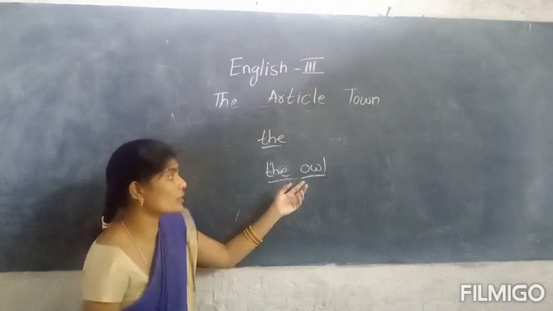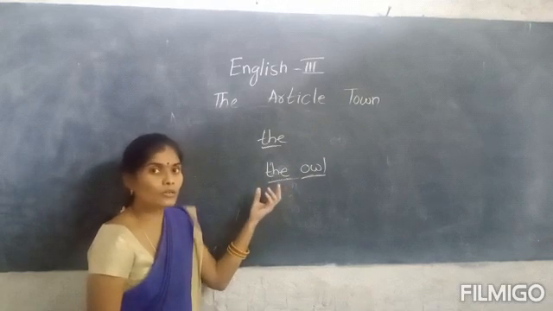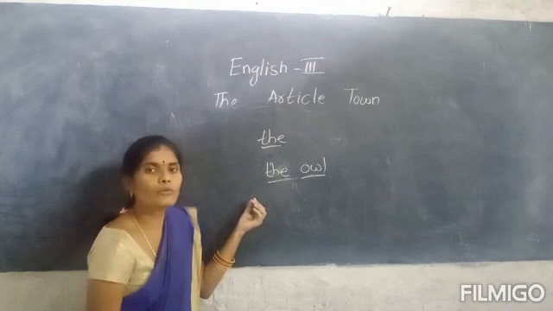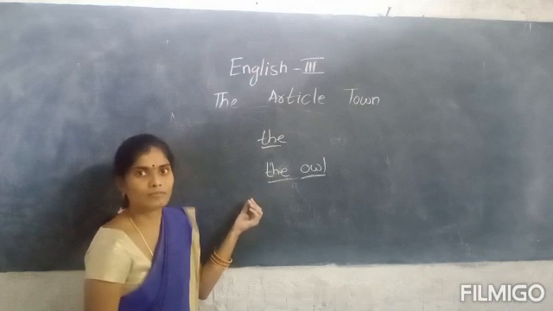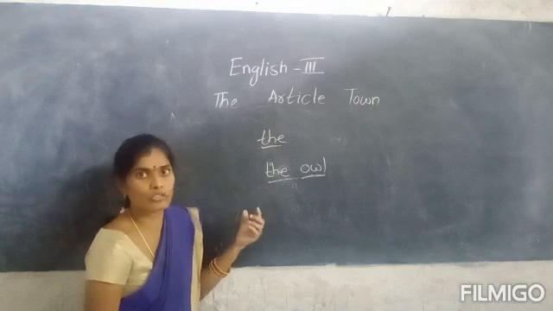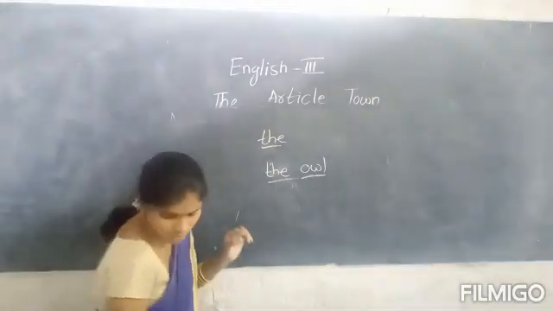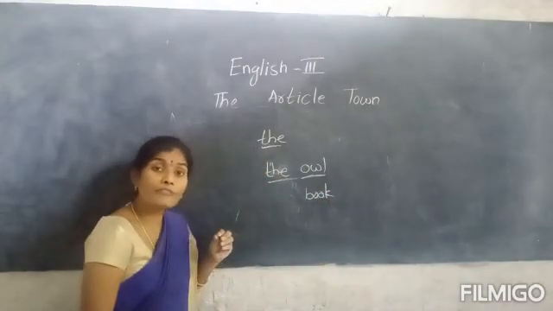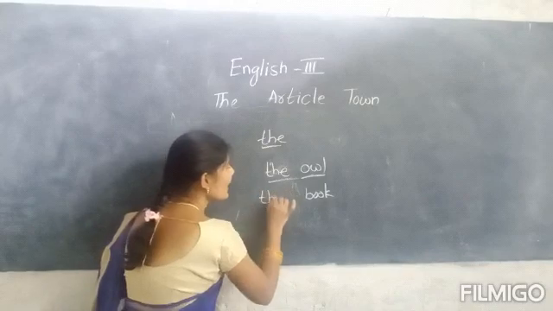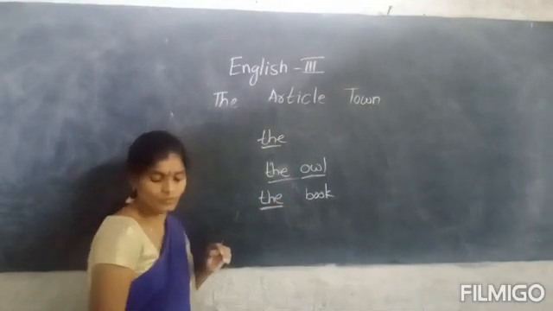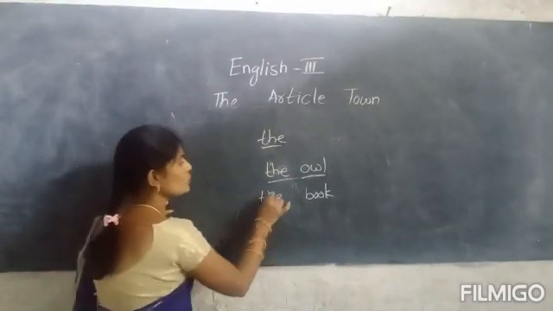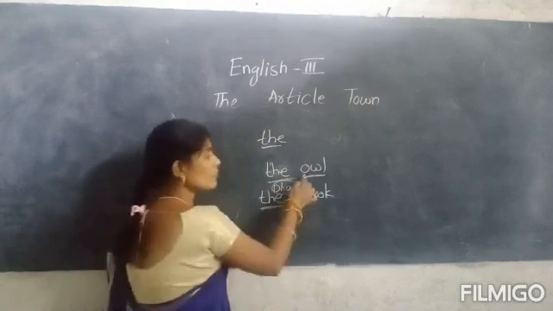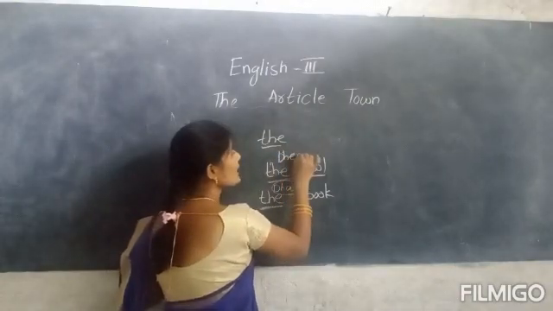When you are introducing before the vowel, we have to pronounce thee. Before a consonant sound, like book, we pronounce thuh book. Before the consonant sound, thuh. Before the vowel sound we have to pronounce thee.